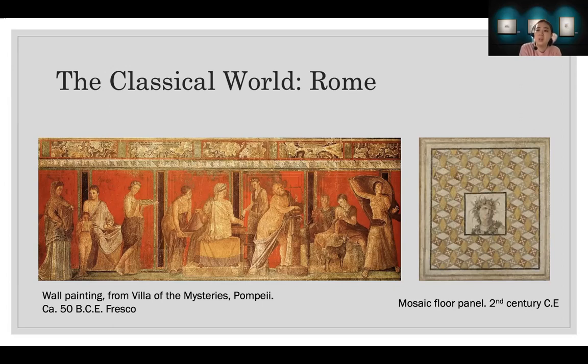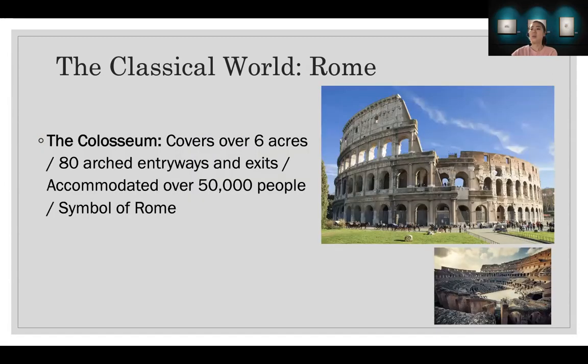As you can see in the wall painting on the left, all the figures look very natural and realistic. The Romans were best known for their architecture and engineering. Their most famous monument is the Colosseum. Everyone knows the Colosseum, right?